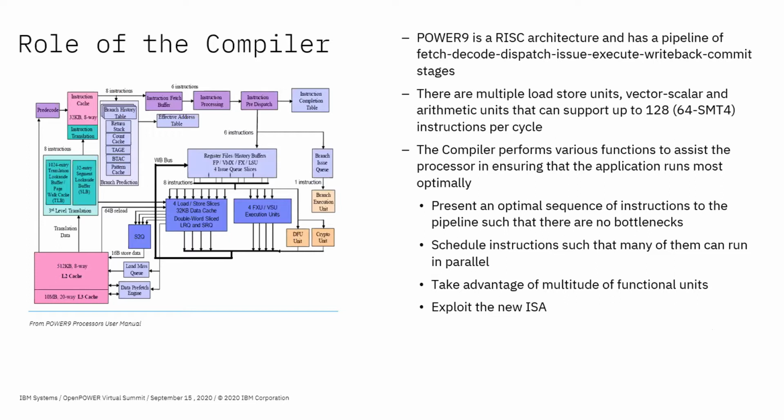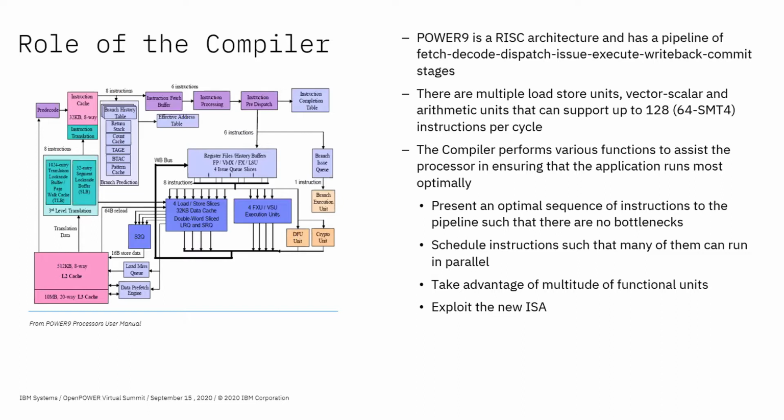So it is obvious that the compiler has to do a lot of functions in order to assist the processor in ensuring that the application runs most optimally. Some of those could be outlined as follows. The compiler presents an optimal sequence of instructions to the pipeline such that there are no bottlenecks.